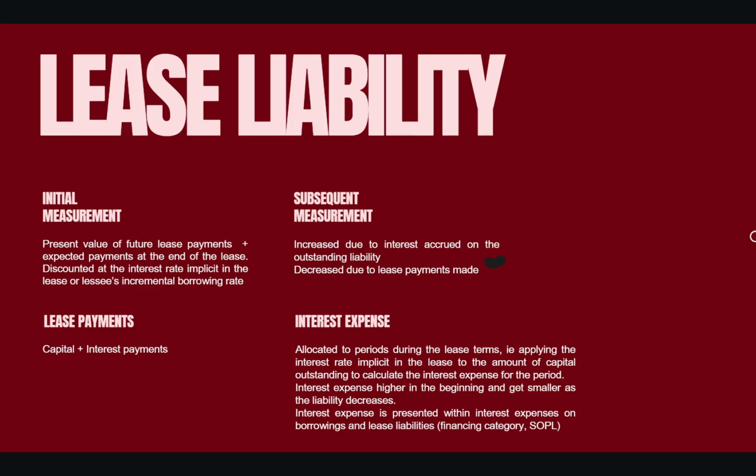So basically, you multiply the interest rate with the outstanding liability. Interest expense will be higher in the beginning and get smaller as the liability decreases, because again it is based on the outstanding liability.